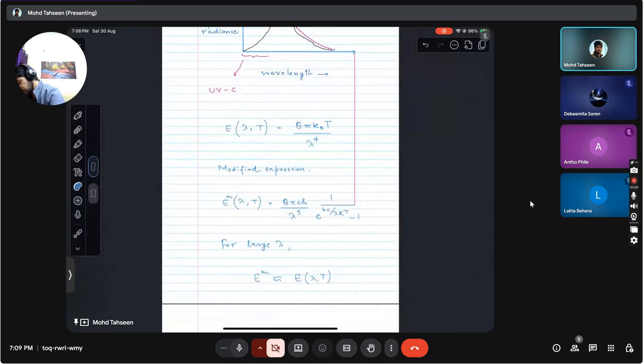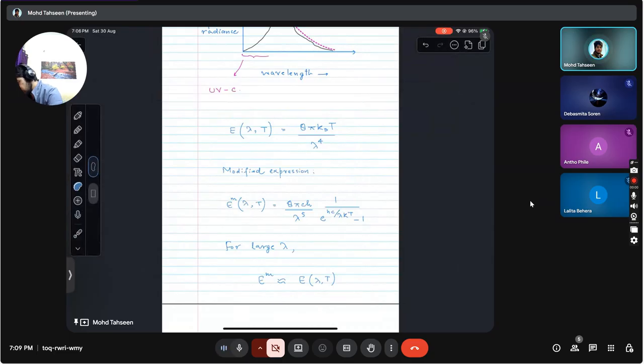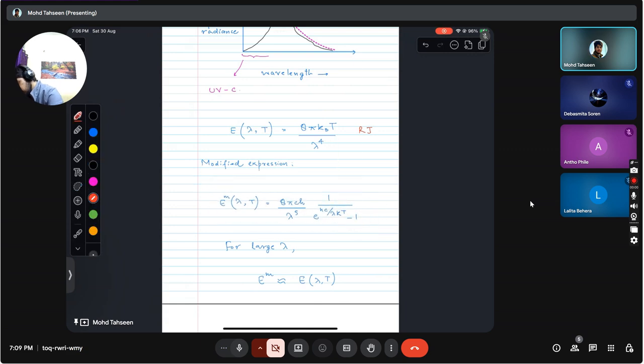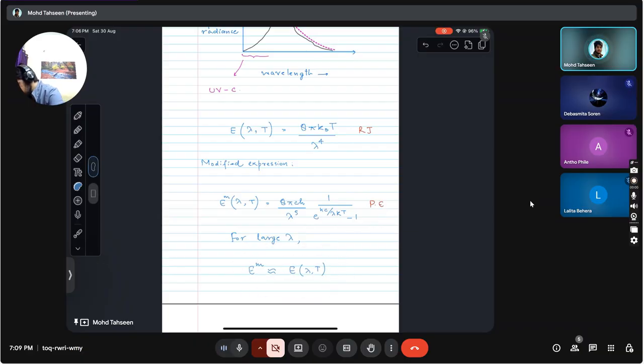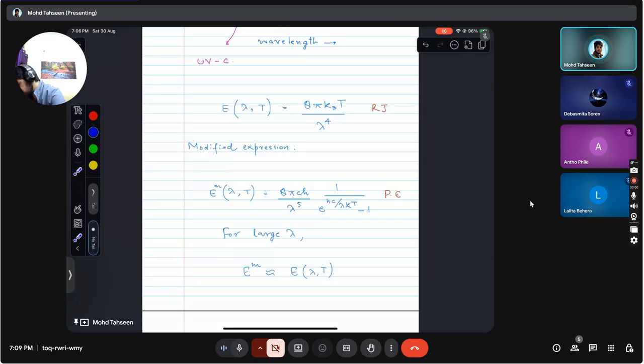So this is the Rayleigh-Jeans law, this one. And when Planck took into account this is Planck's equation, he took into account the quantum mechanical behavior of matter, and then if you substitute that lambda is large in this equation, what happens if lambda is large?